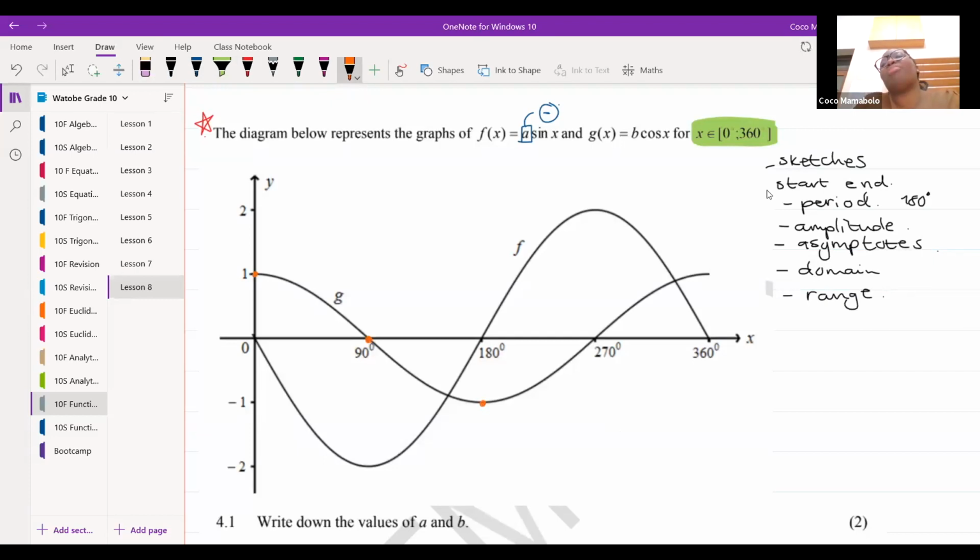So what have they done to my mother graph of cos? It's definitely not negative. Anybody notice anything that they've done to my mother graph?